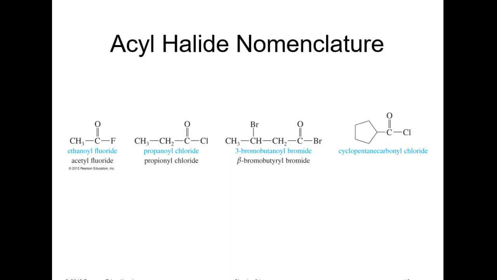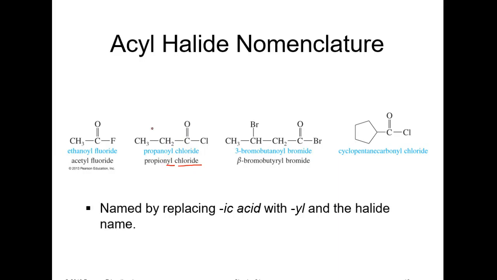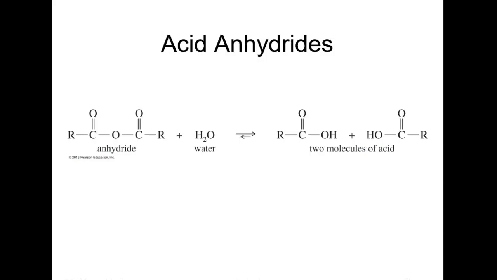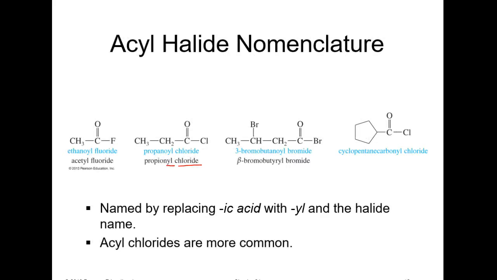Naming halides, you end in yl chloride. That's how you name them, depending on how many carbons you have. You replace the ic acid with yl. It even says acid chlorides are more common.